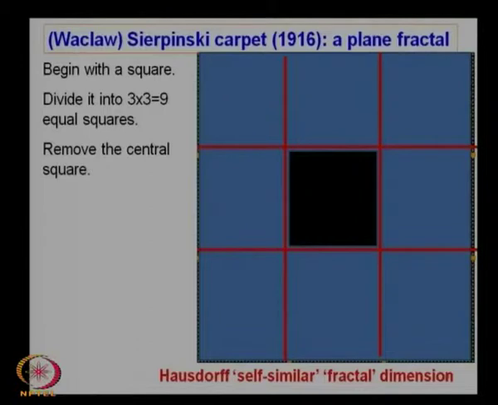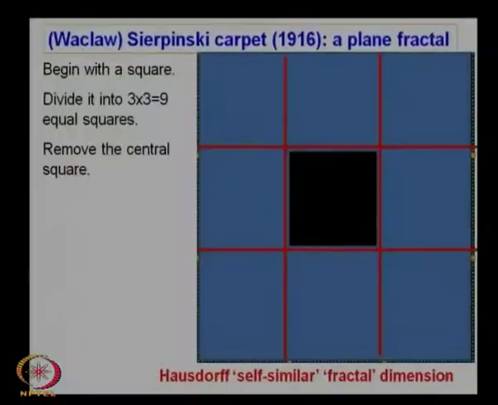So each of these you can again divide into 3 into 3, 9 parts, take the middle part, remove it, you will again be left with 8 parts in each of these cells, and you can keep doing this on and on and on. Now this is called a Sierpinski carpet.